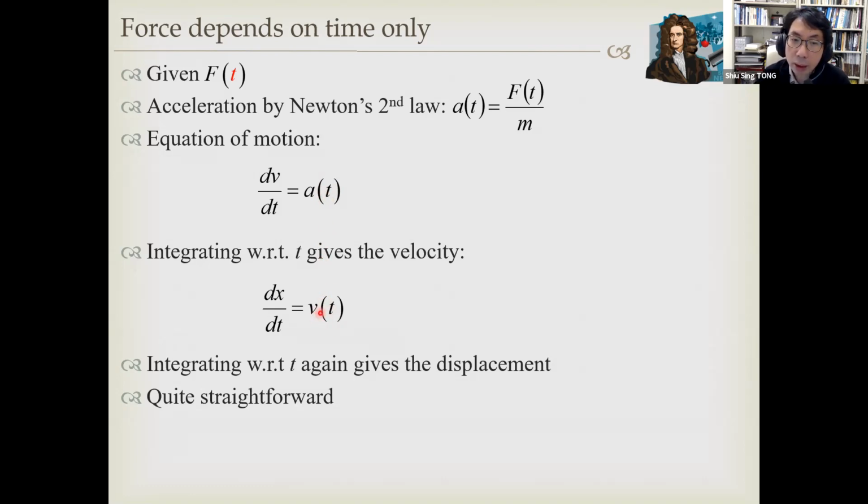And so the velocity is now given as a function of time, okay? And the velocity is equal to dx/dt by definition. And so you can integrate this equation further to give the position of the object as a function of time. So it involves two integrations in solving the equation of motion, and that is quite straightforward.